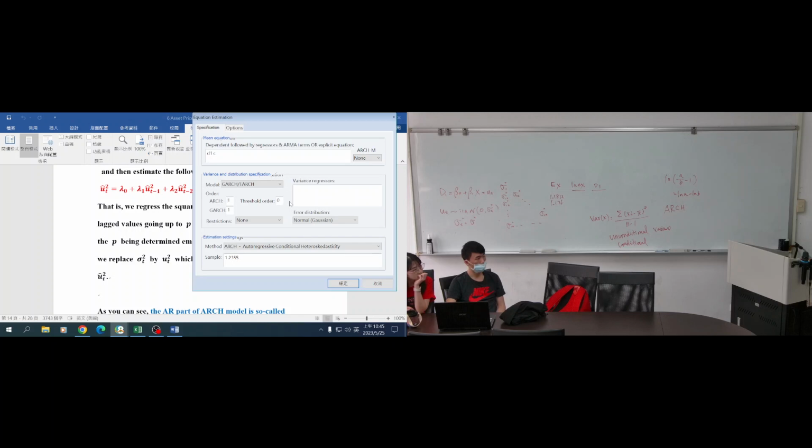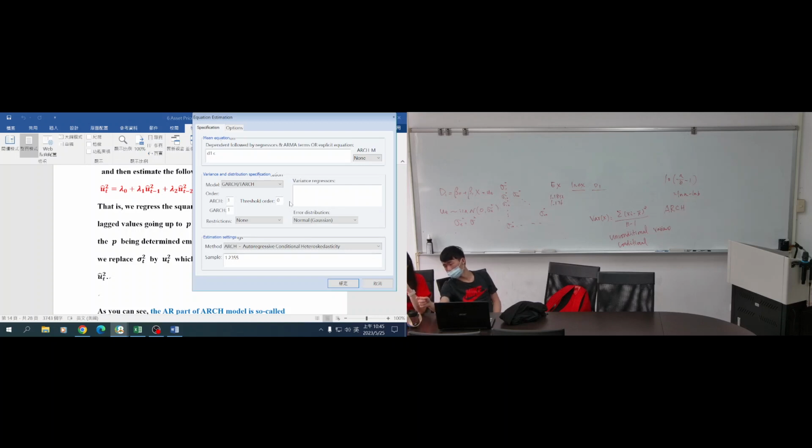Actually, the lag p really depends on empirical study. It's hard to say which p is suitable, so we always need trial and error.